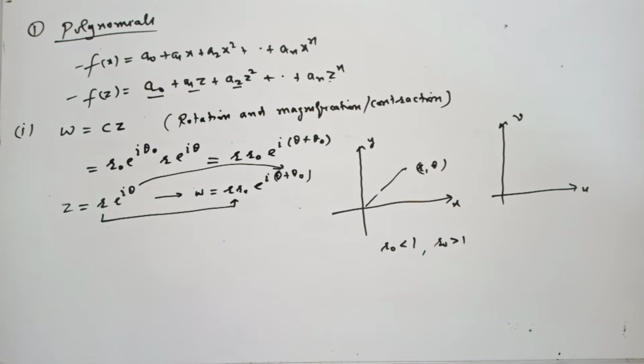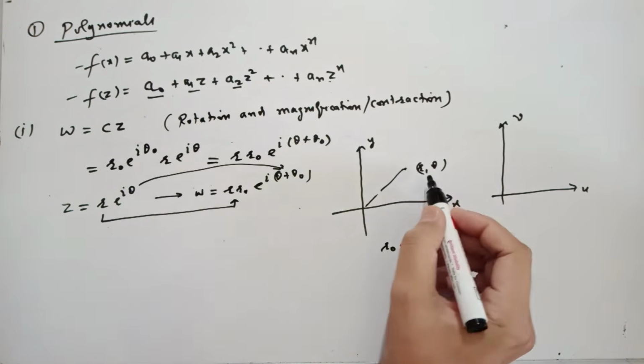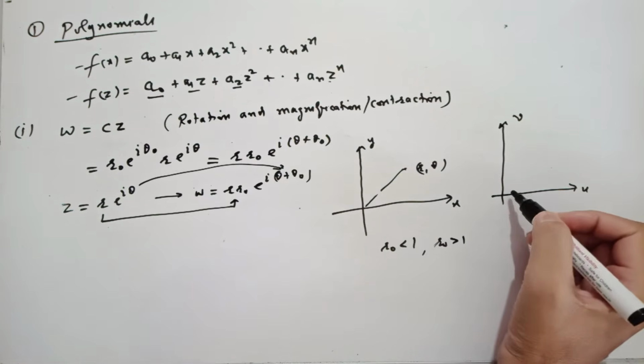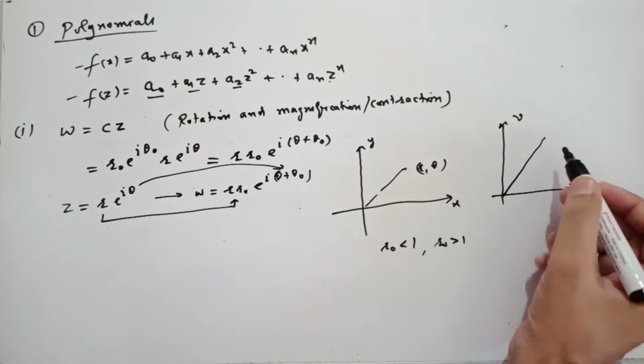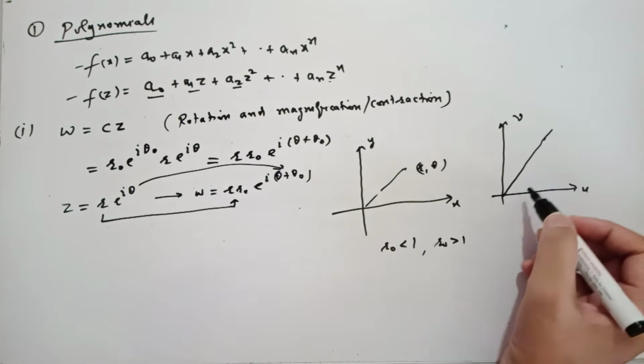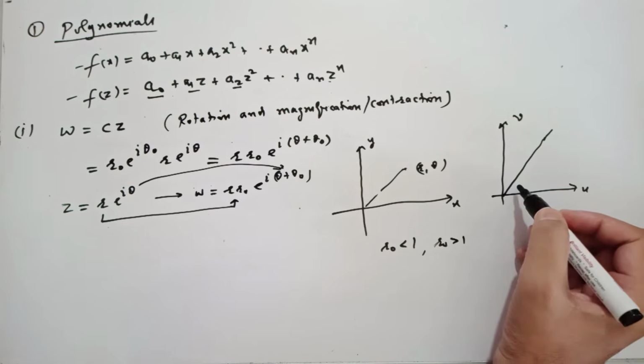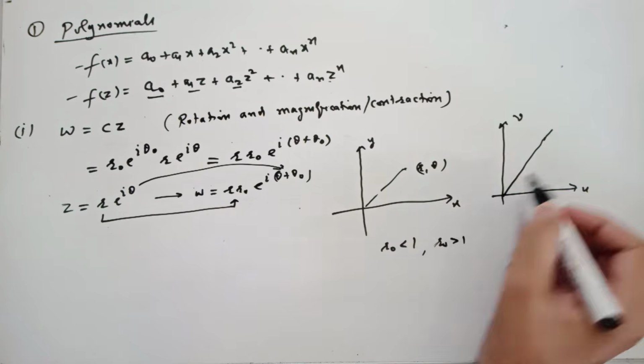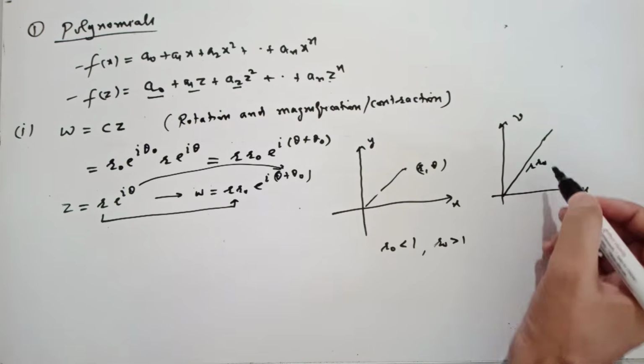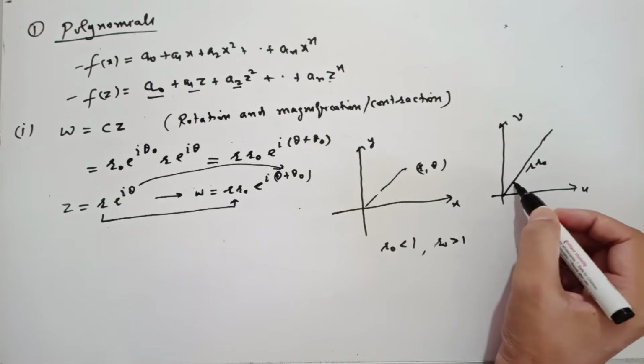All right. And theta has gone to theta plus theta 0 means, let's say it's the case of magnification, then R is larger, it is R R0, and theta has gone to theta plus theta 0.